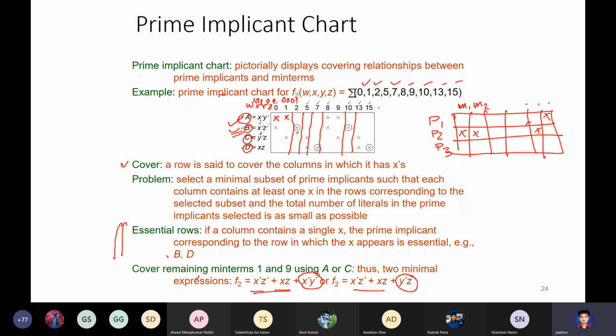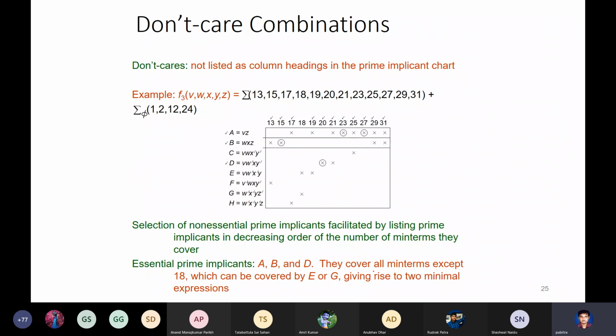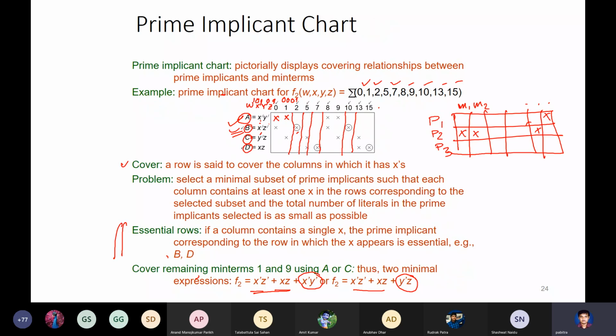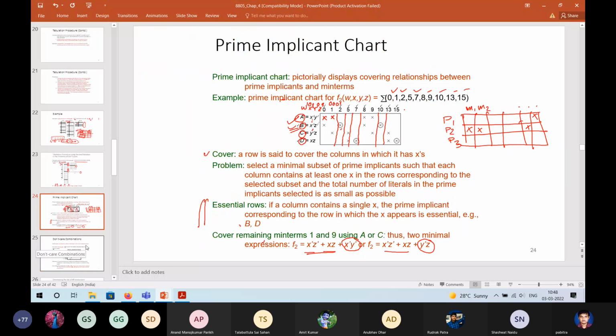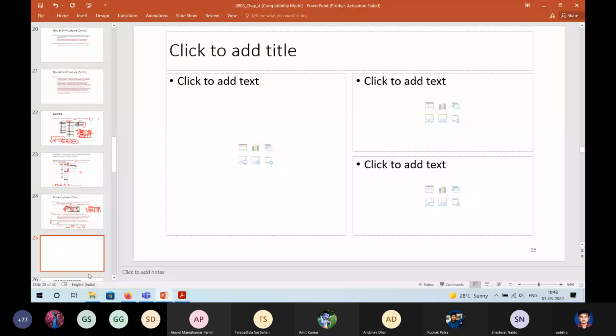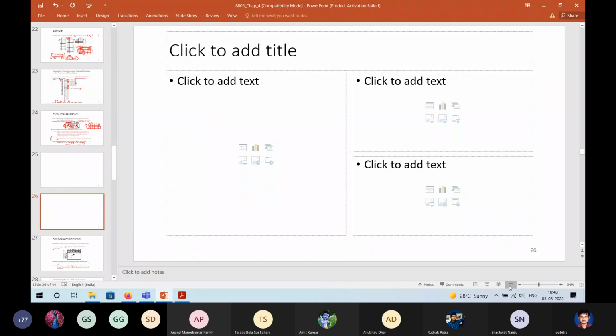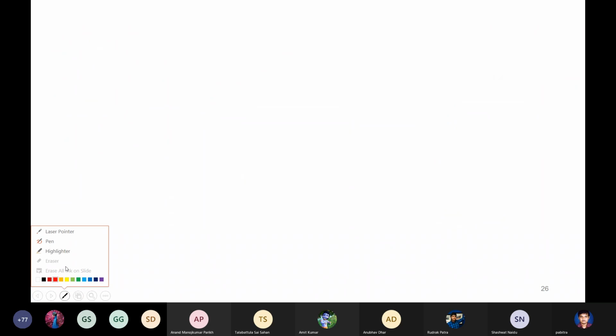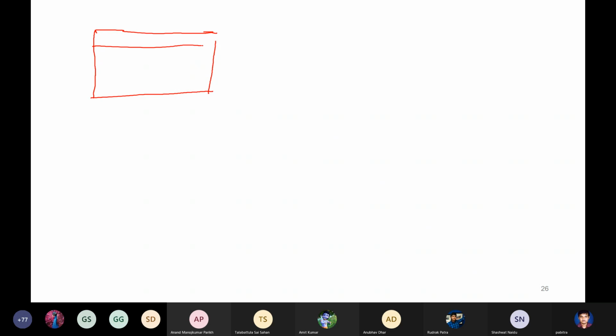Maybe let me try to write this down. Let's say these are my min terms.